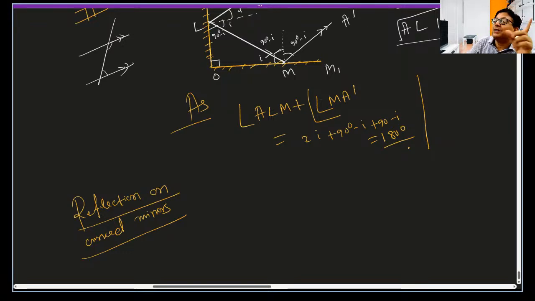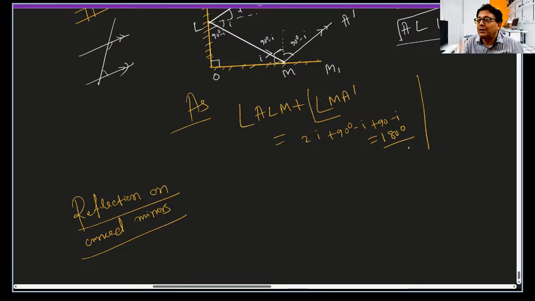Achha, one thing I'd like to say, objects are real and virtual, I told you, no? Objects are said to be real if at least two rays are coming out of it or two rays are meeting at it exactly. Then we can say the object is real.